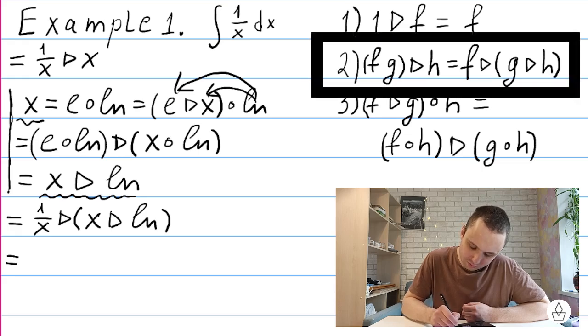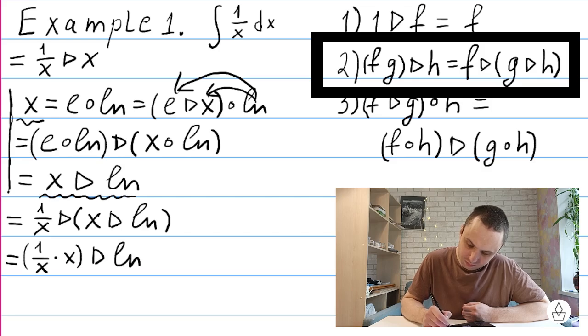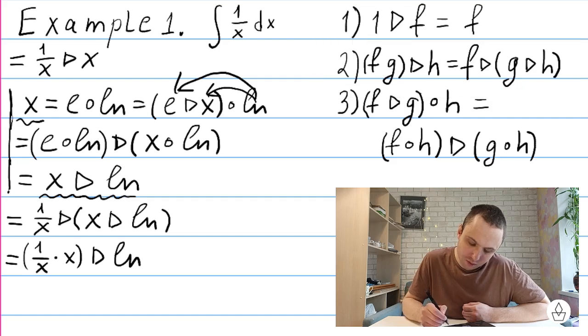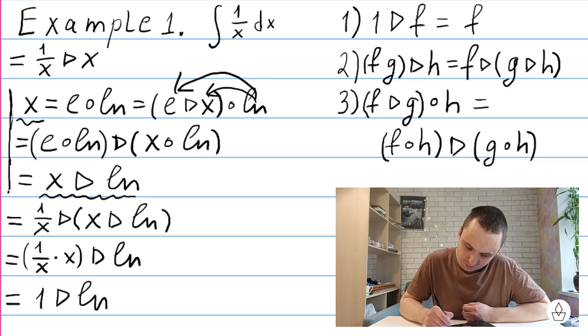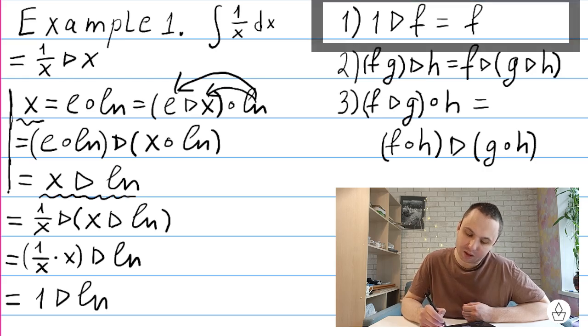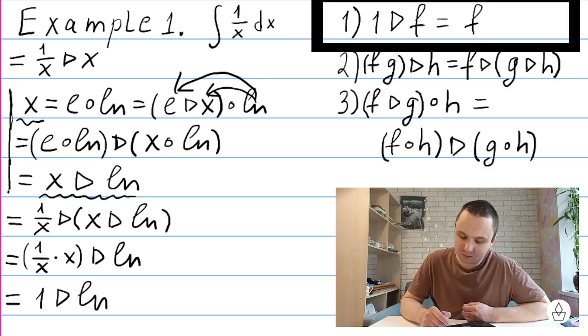We get 1 over x times x integral logarithm, which is obviously equal to 1 integral logarithm. And by identity axiom, this is just logarithm.